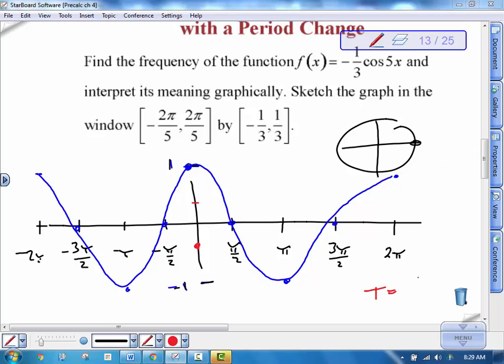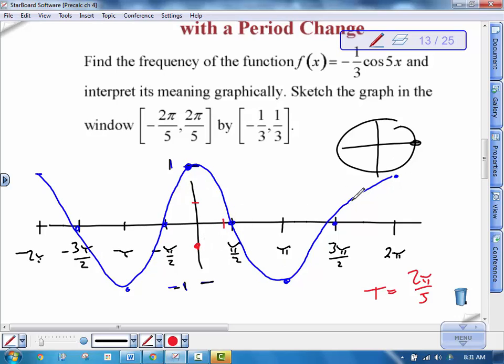The period is 2 pi over b, so in this case it's 2 pi over 5, so it's been shrunk down by 1/5. So it's going to reach its full cycle in 2 pi over 5. Imagine 1/5 of this whole thing, which is somewhere around here, because pi over 2 is 1.57, and 2 pi over 5 is like 1.25. So it's actually going to do this whole cycle in this interval.